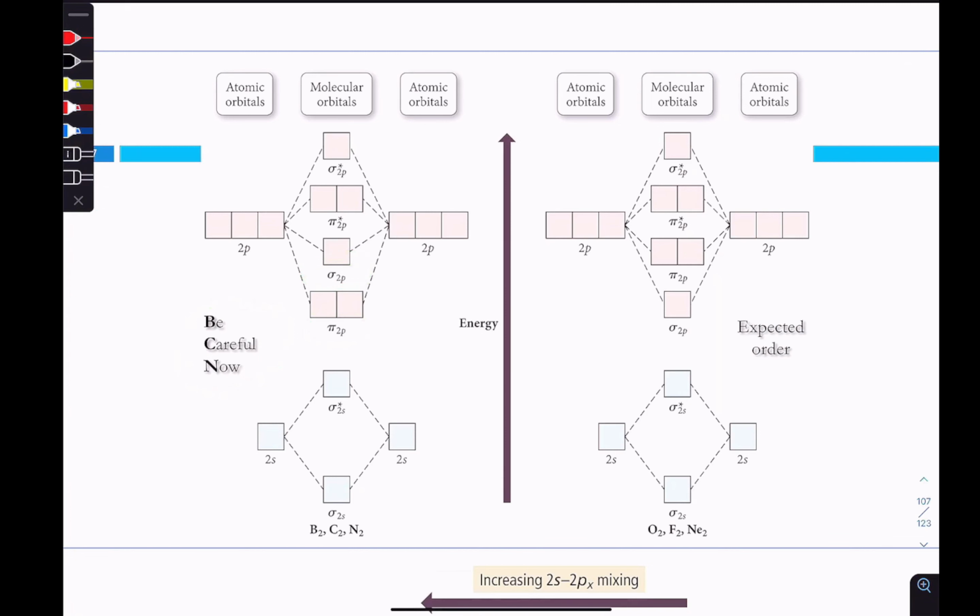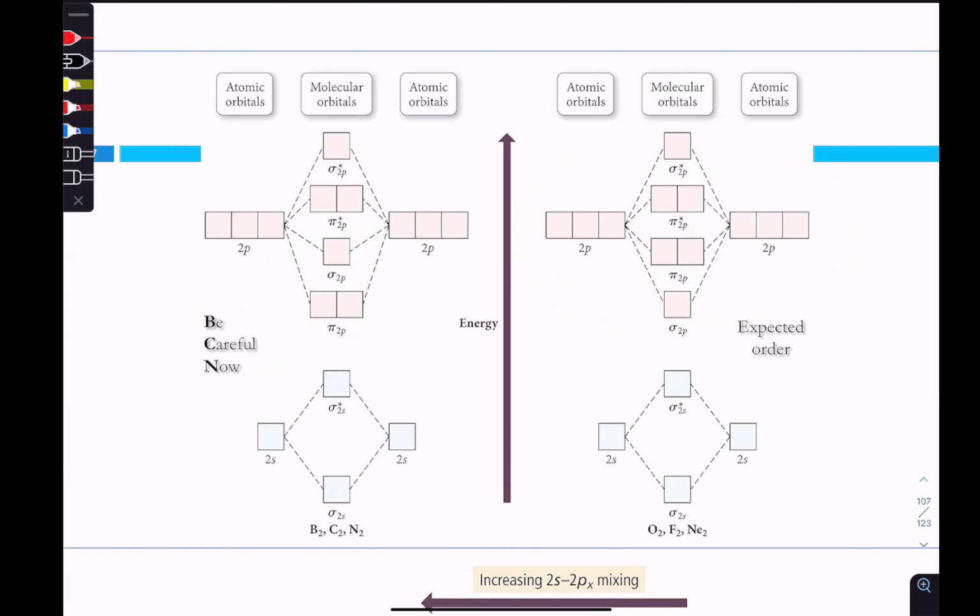The expected order would be that the sigma would be lower, so it goes sigma, pi, pi star, sigma star. Sigma star is antibonding, pi star is antibonding. This is the expected order, but the actual order ends up being this. Now if I gave you this, I just want you to know how to fill this in.